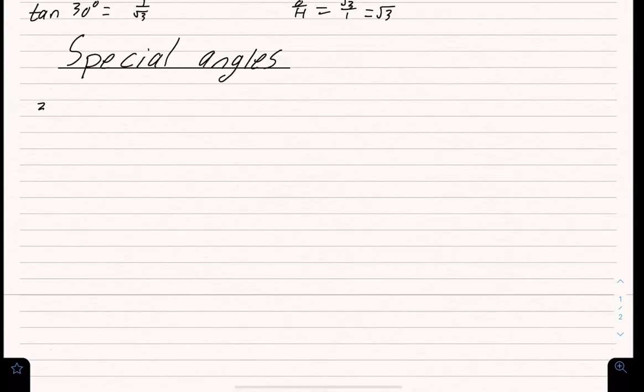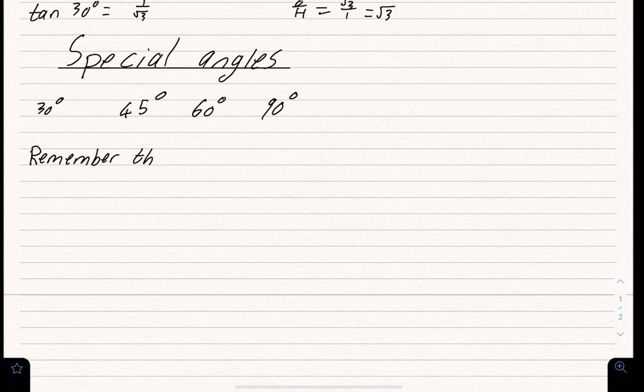Let's look at what are known as the special angles. Those will be 30 degrees, 45 degrees, 60 degrees, and 90 degrees. Now, special angles are angles that give you a really nice answer. So, as you'll see in a moment, I'll show you what kind of answers these special angles will give you, and I'll show you how to remember them.